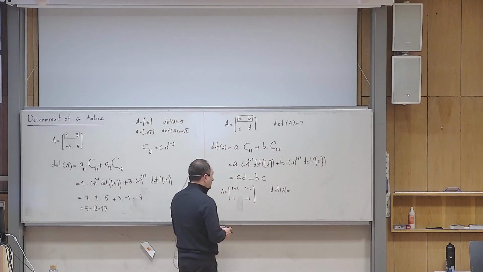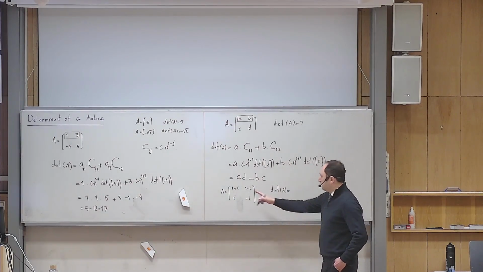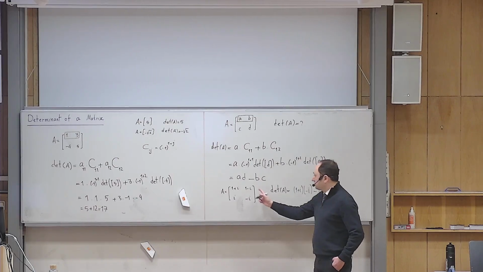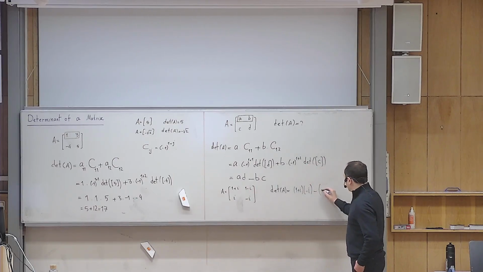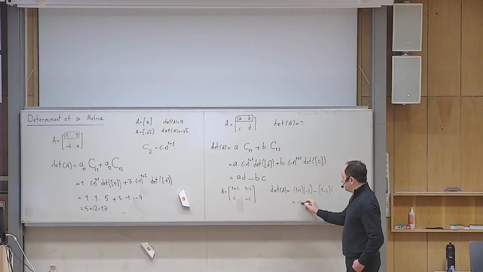Okay, so the determinant of this one, according to the rule that we learned, I'm supposed to multiply this with that, minus, I multiply these two entries. And then let me simplify that a little bit. I multiply this in, it becomes minus i squared.